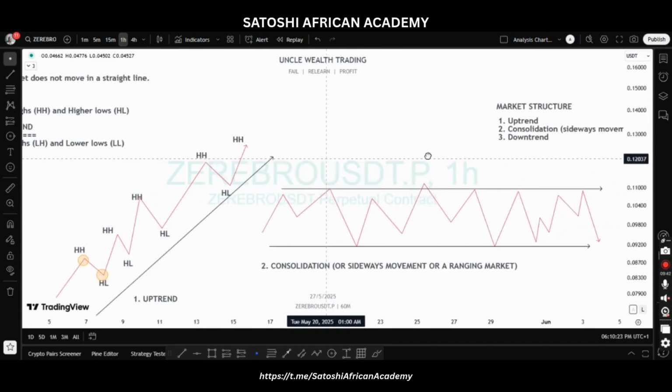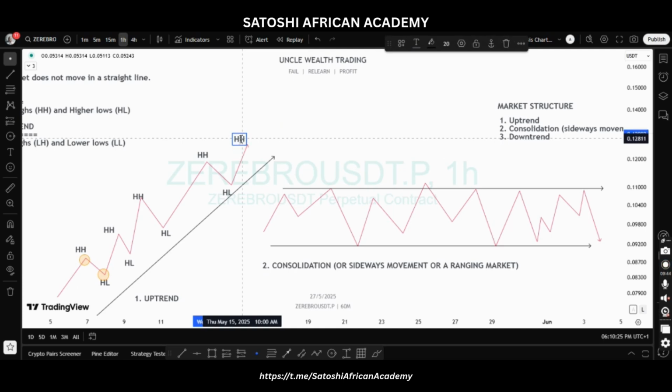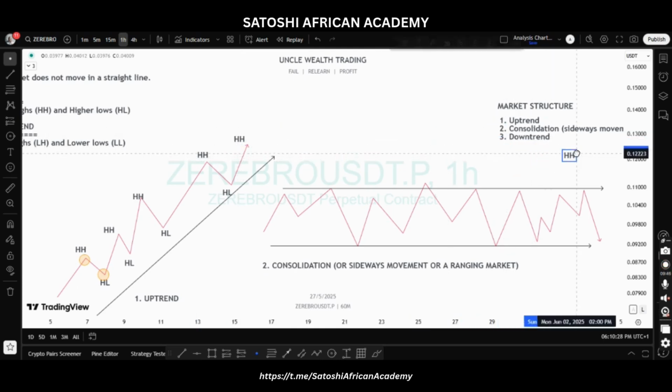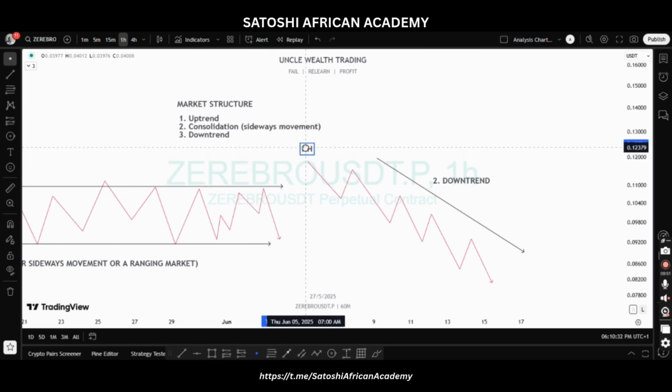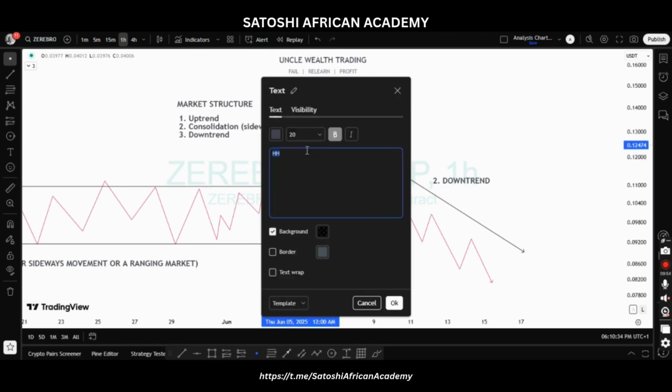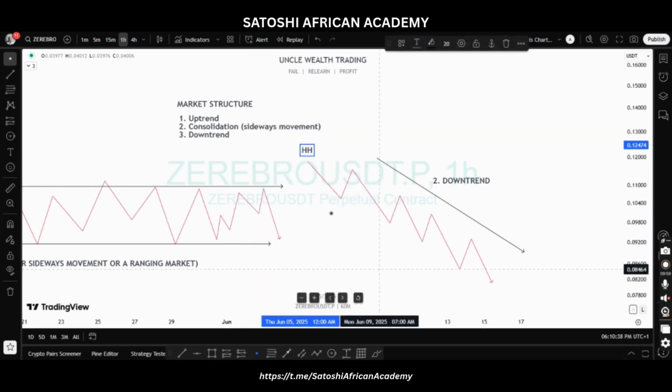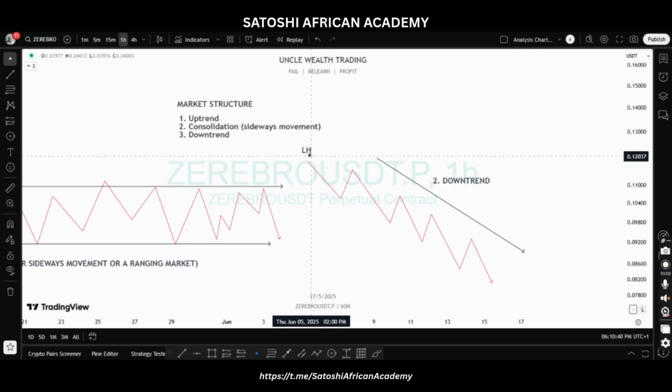Now the reverse is true when it comes to a downtrend. In a downtrend, we will have a lower high and then we will have a lower low.